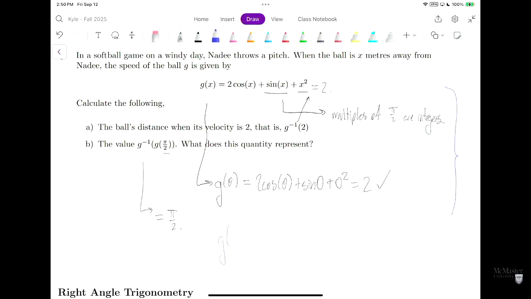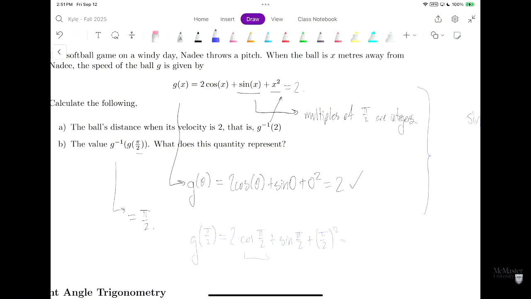So g of pi over 2. Is this fine? No, actually we should verify. This is 2 times the cosine of pi over 2 plus the sine of pi over 2 plus pi over 2 squared.